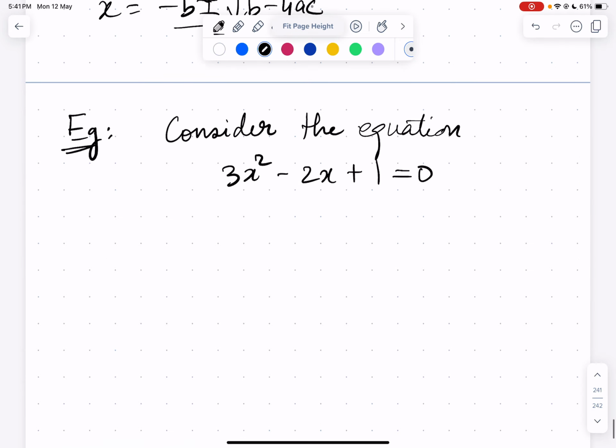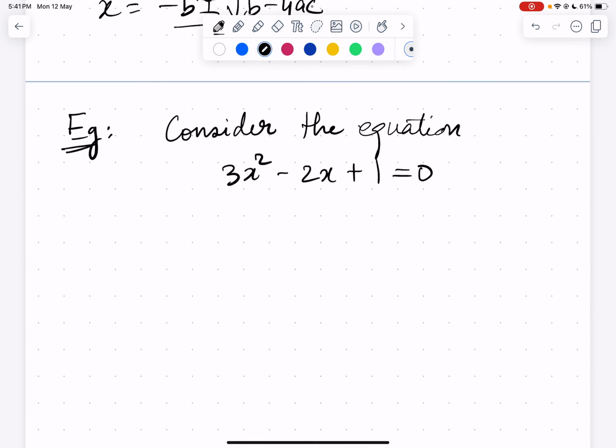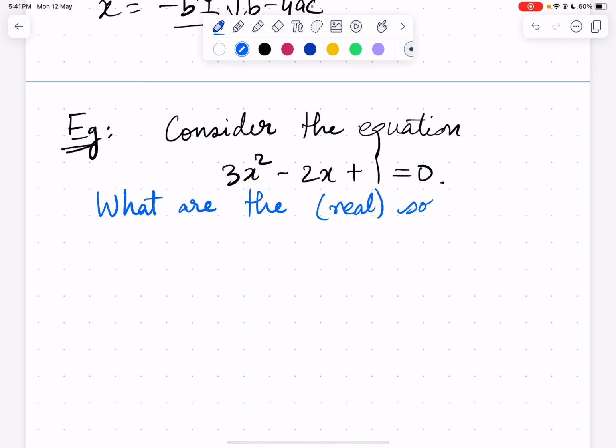So consider the equation 3x squared minus 2x plus 1 equals 0. We can ask what are the real solutions. We're only talking about real solutions.